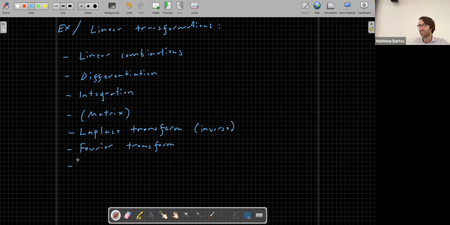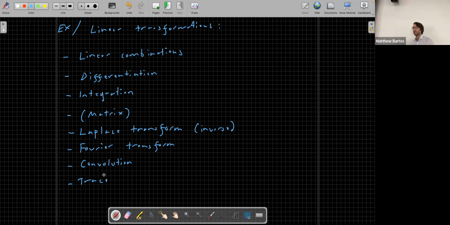What about another operation we talked about in class quite a bit? It's on homework 5. Convolution. Okay. The trace of a matrix is a linear operator. So there's a lot of different types of linear transformations that we've encountered in class.